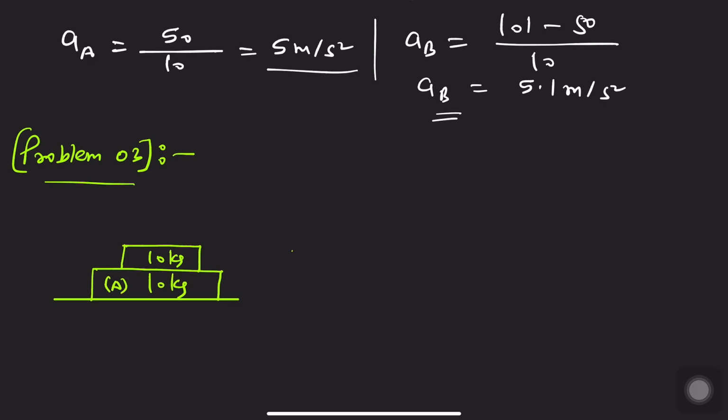This is block A and this is block B, and the friction here is given as 0.25. Here it is given that mu s is 0.5 and mu k is 0.4.